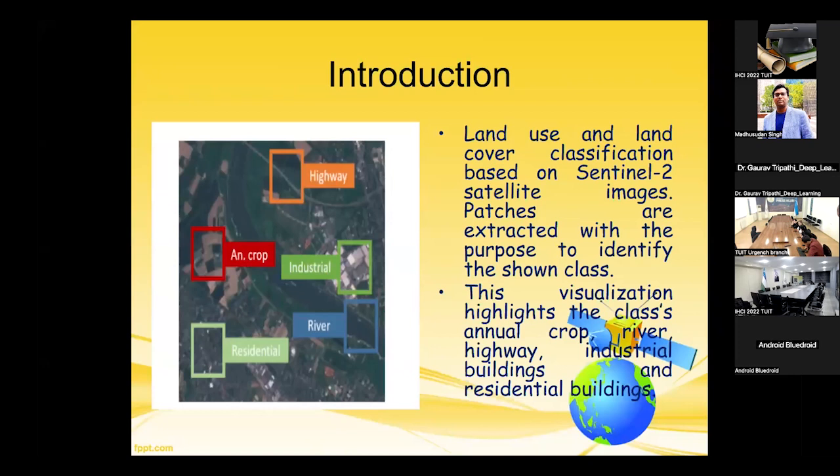So how does the army know what to avoid and what not to avoid, where are the rivers, where are the crops, and what to target? This is the specific objective of what to target and what not to target in the military domain.